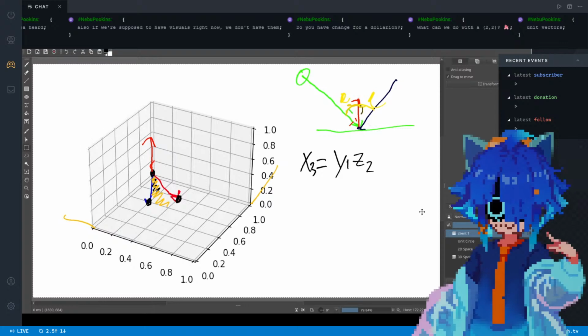And then we're going to subtract from that z of 2, y of 1.